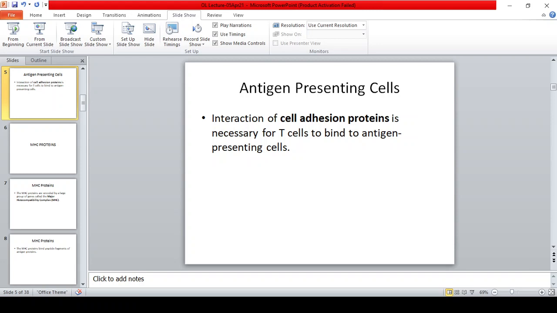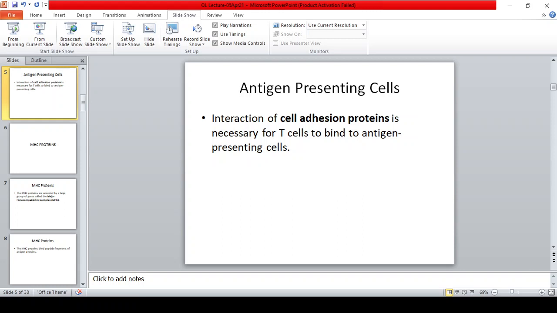The three major types of antigen presenting cells are the macrophages, B lymphocytes, and dendritic cells. The interaction of cell adhesion proteins is necessary for T cells to bind to the antigen presenting cells.